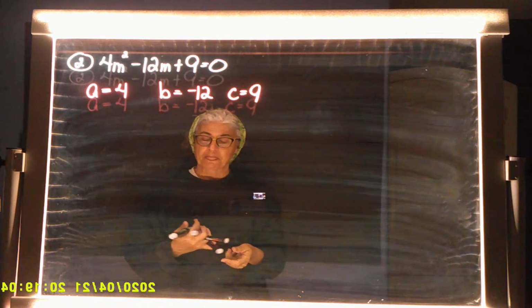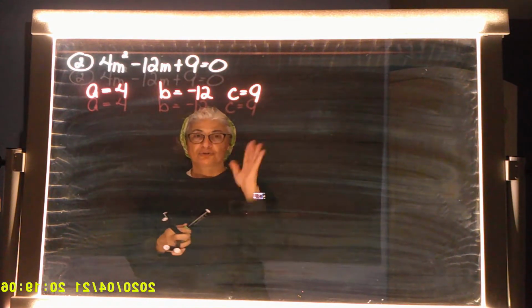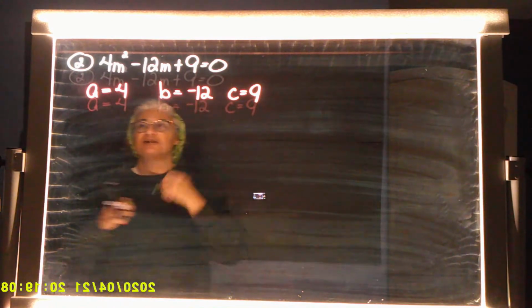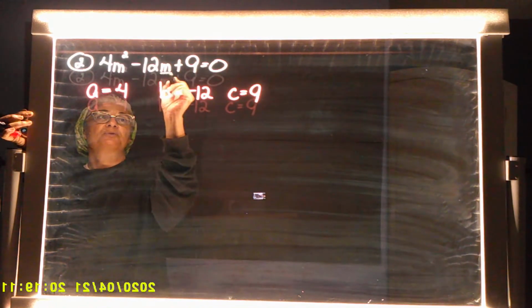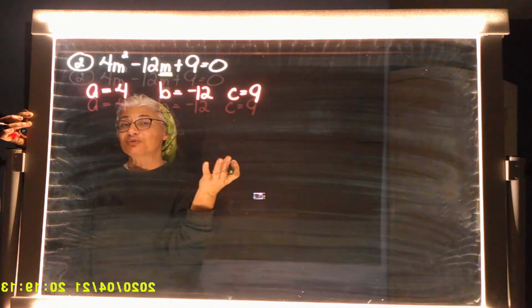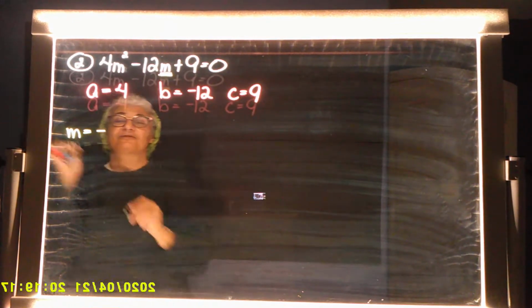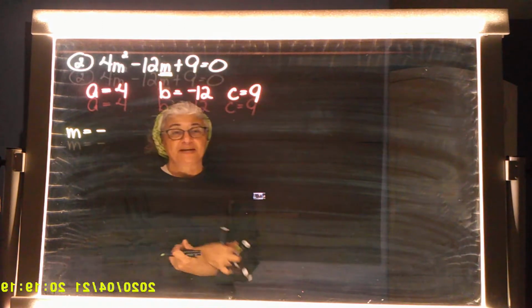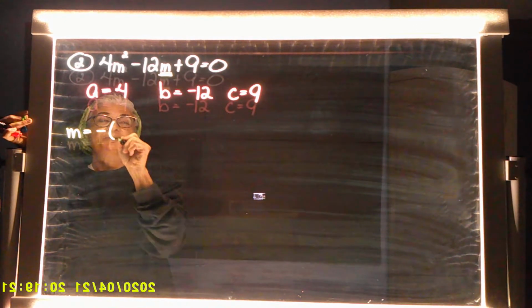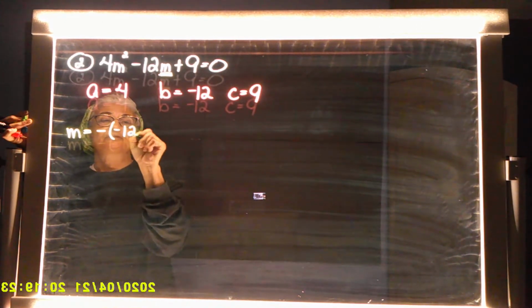With me? Okay, so look at your formula. Hopefully you wrote it down. We have, remember, we're solving for the variable in the middle is really what it turns out to be. M equaling negative. And then we write down B, and our B is negative 12.